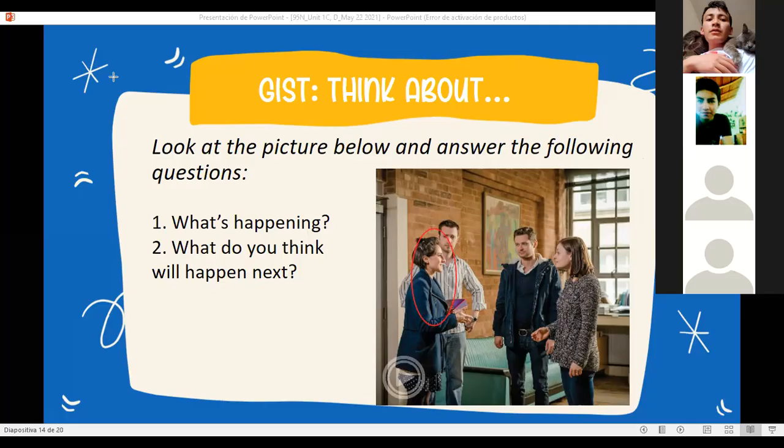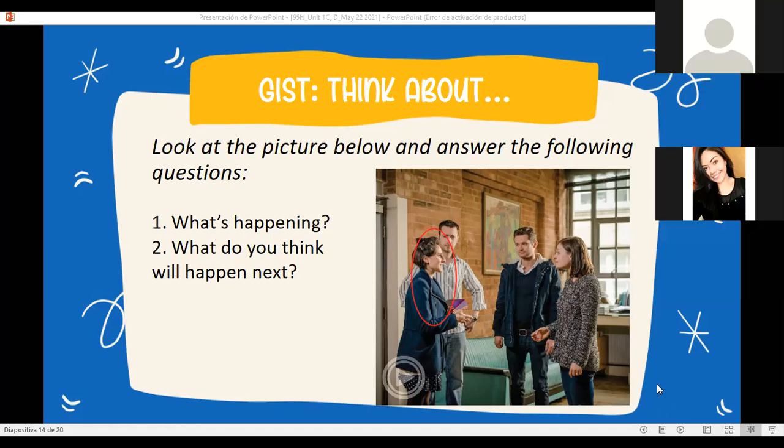Luis, what do you think will happen next? They talk about the situation in the shop. Okay, they are going to talk about the situation in the shop. That's a good option. Jennifer, what do you think is going to happen next?